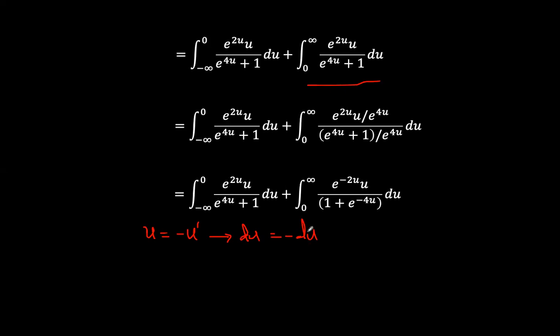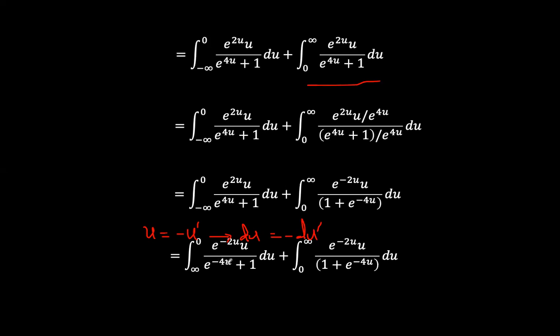But here we have e to the power negative 2u, which becomes e to the power negative u prime, and the negative here becomes positive, so the sign does not change. So essentially we have the integration from u tending to positive infinity to 0 of negative u times e to the power negative 2u over e to the power negative 4u plus 1, du. The negative from this u and the negative from the du cancel out, so we have a positive.